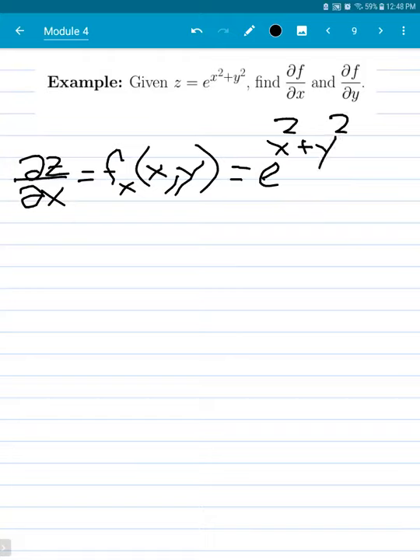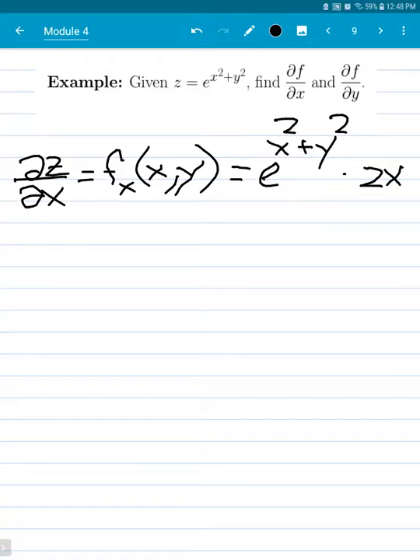And then you differentiate x squared plus y squared with respect to x. And if we are differentiating that with respect to x, y squared's derivative will vanish. So you have only the derivative of x squared, which is 2x.